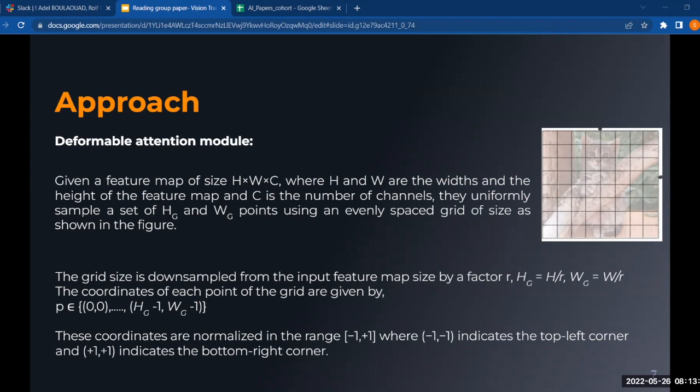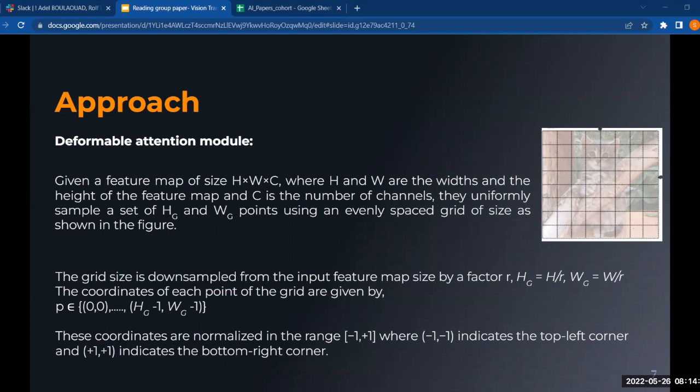Here the grid size needs to be downsampled from the input feature map by a factor, which they have selected as R. So Hg is equal to H by R and Wg is W by R.